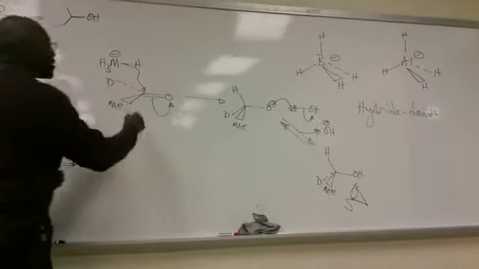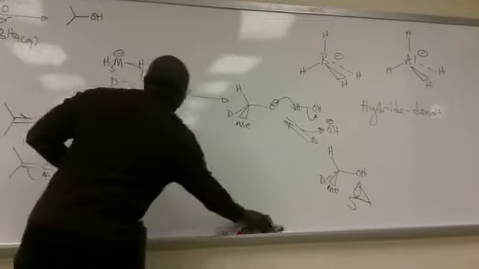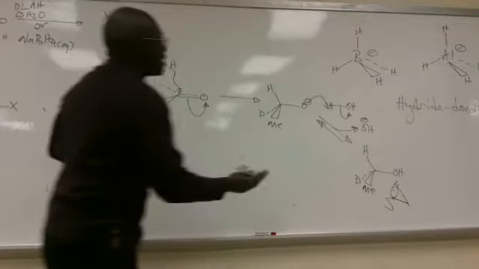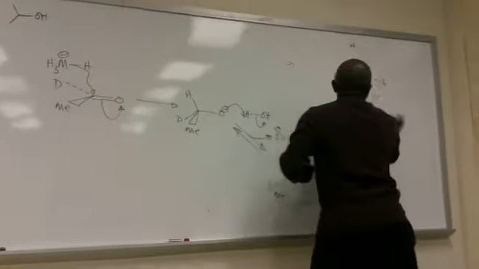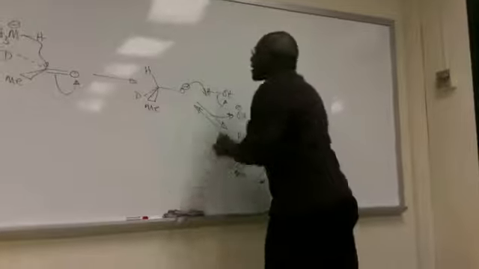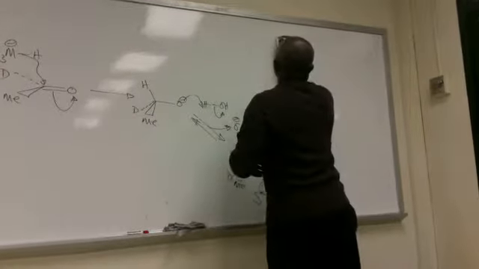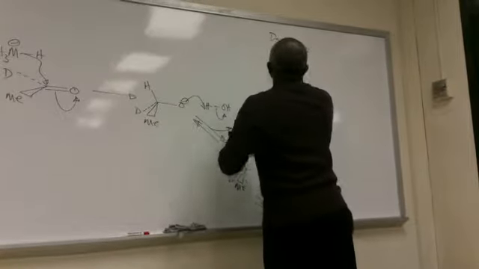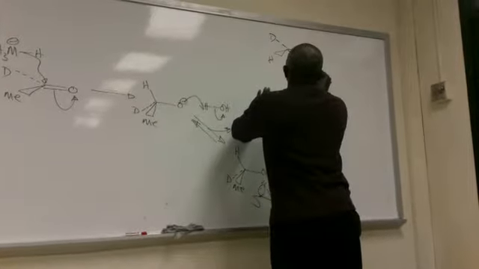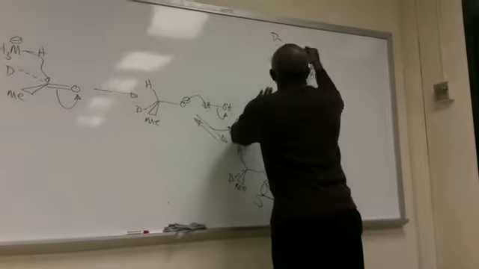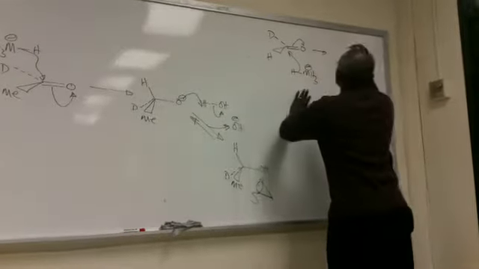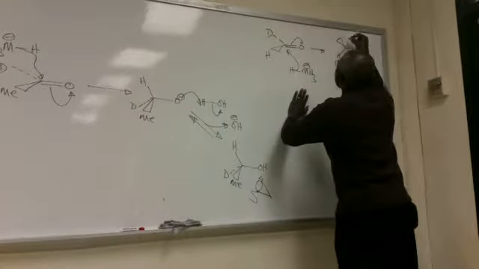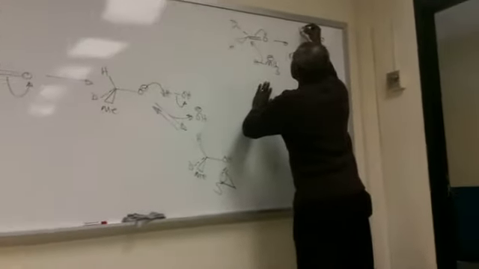Right. The attack can occur from the bottom. So if we get attack from the bottom, I'm going to write it out. Yeah, I'll write it here. If we get attack from the bottom, what we will get instead, so we'd have carbonyl, D, H, attack from the bottom will give rise to this species, so H, O minus, D, did I have an H there?